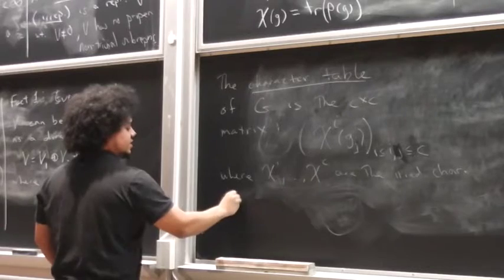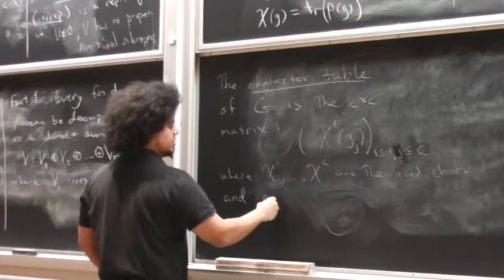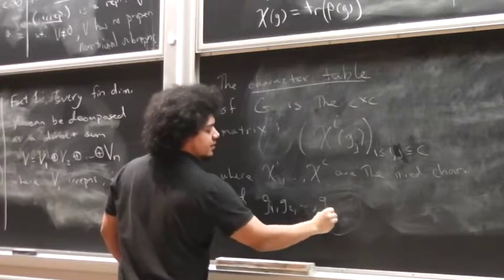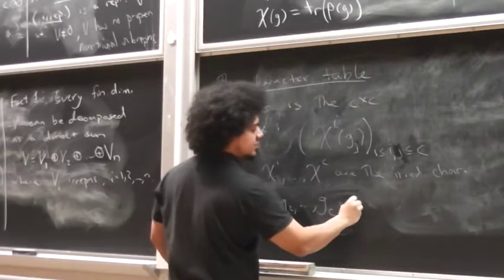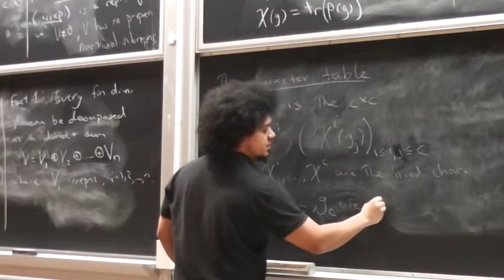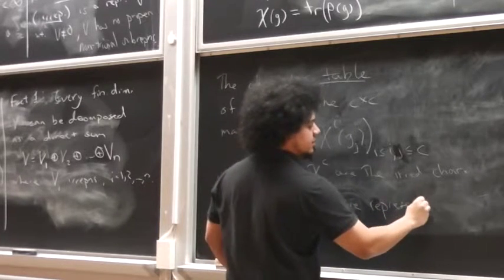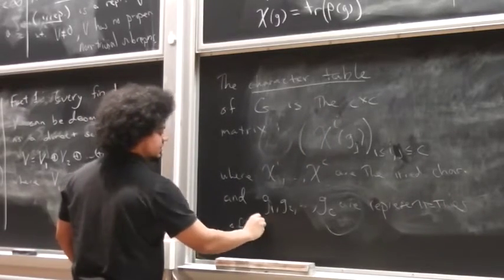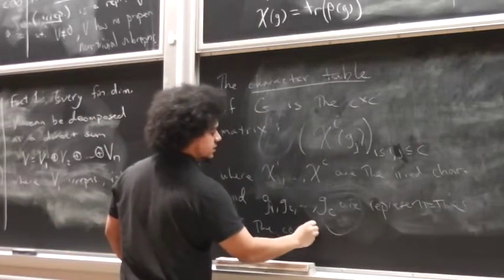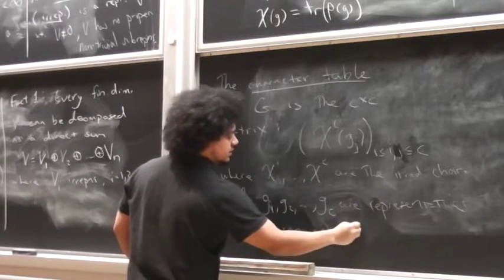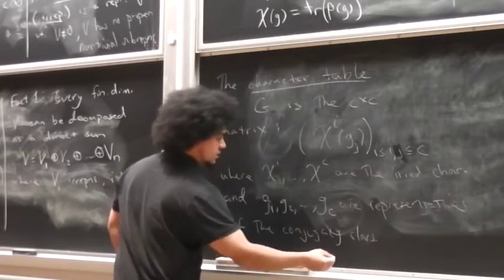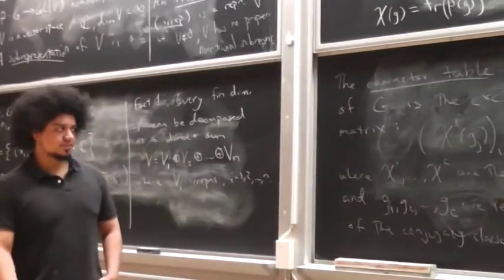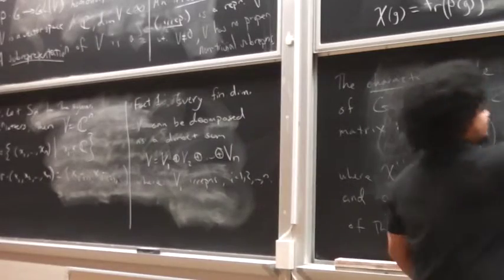And the g_1, g_2, and so on are a system of representatives of conjugacy classes, to be more precise.